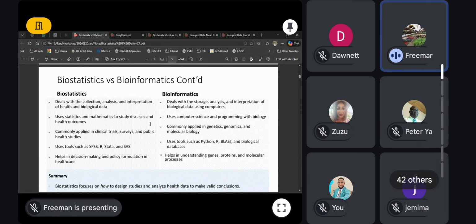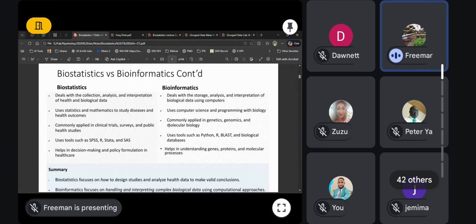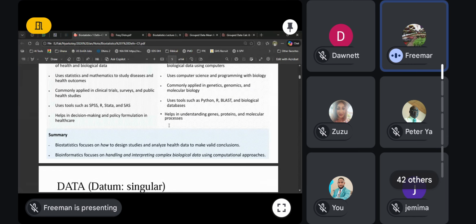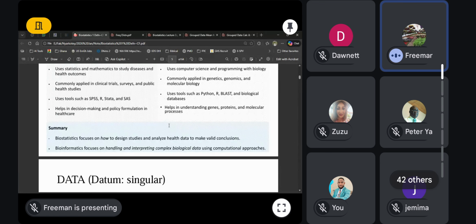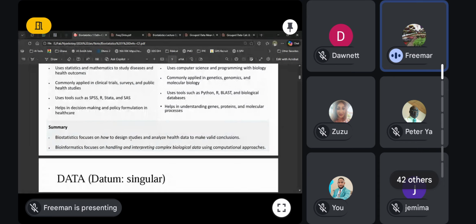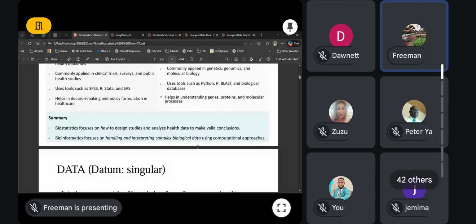It is for decision making and policy formulation in healthcare. And here, understanding the genes, proteins, and molecular processes. In summary, biostats focuses on how to design studies and analyze health data to make valid conclusions. Bioinformatics focuses on handling and interpreting complex biological data using computational approaches.